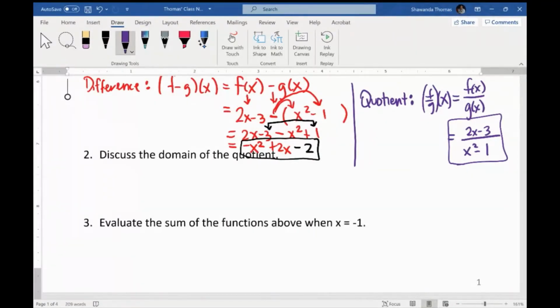All right, let's discuss the domain of the quotient. We just found the quotient. How do you find the domain of 2x minus 3 over x squared minus 1? Do you make a table? Okay, make a table.